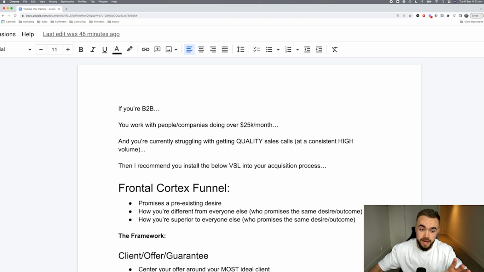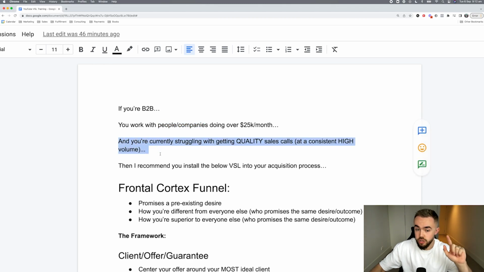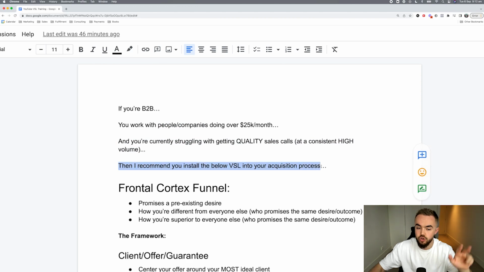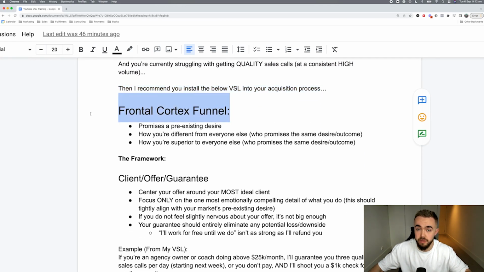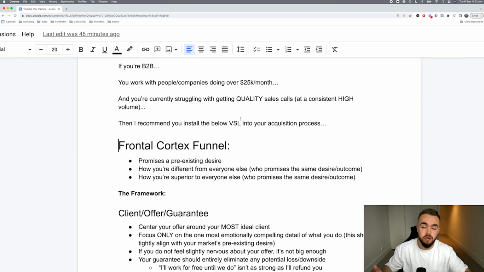So if you're in B2B right now, you typically work with, or you want to work with, companies doing above 25K a month, and right now you're struggling with either quality of sales calls, or volume and consistency of sales calls, or all three, then I highly recommend that you install this below frontal cortex funnel, this below VSL funnel framework I'm going to walk you through, into your acquisition process, because it's exactly what I use, and as I say, with all those clients I just referenced, it's what we've implemented into all of those clients' businesses, and it's crushing it right now. It's killing it, okay? So I highly recommend you install this exact same thing into your acquisition process.